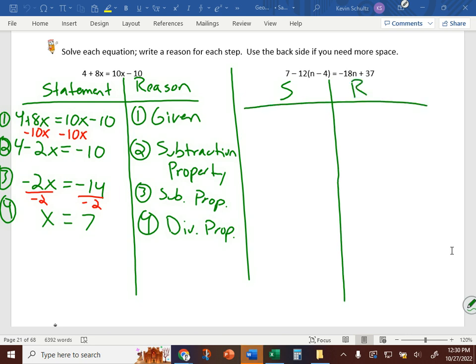How do we start? Bryn. Start with what is given. Always start with what is given. That is your first step. Okay? And what is given to you is the equation 7 minus 12 times n minus 4 equals negative 18n plus 37.